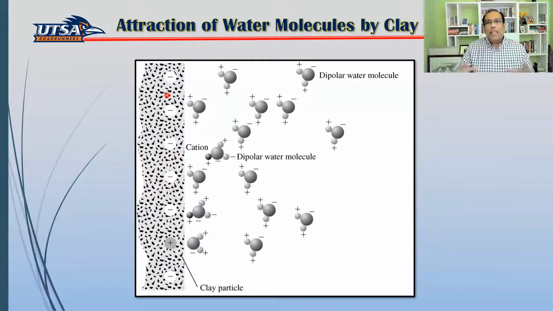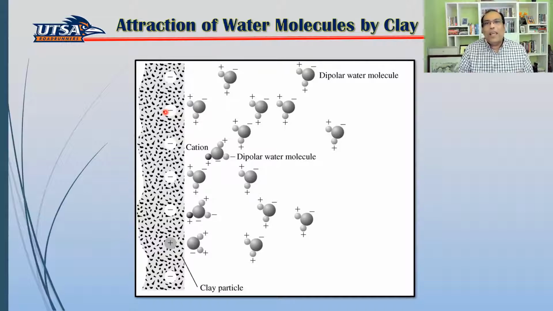Now think about all the minerals being kind of conglomerated there. Basically they will try to share that positive charge of the water to achieve electrical neutrality, so they will adhere together.